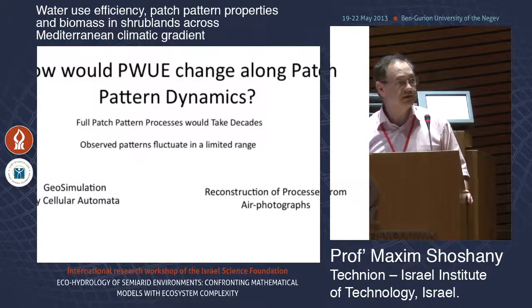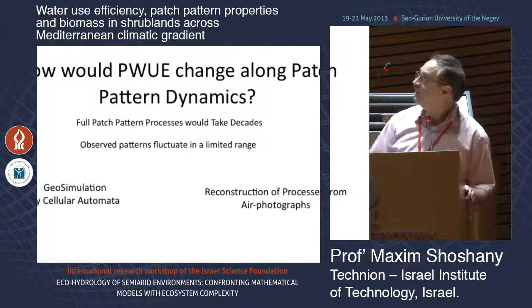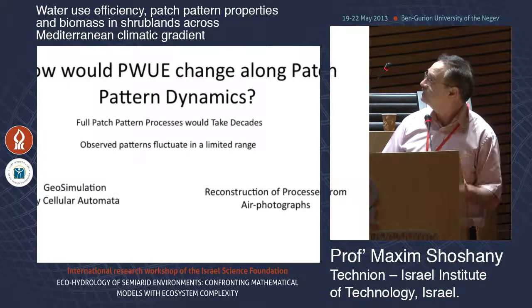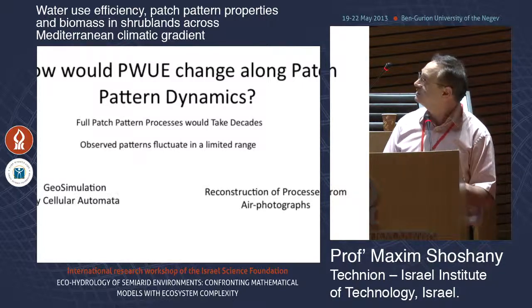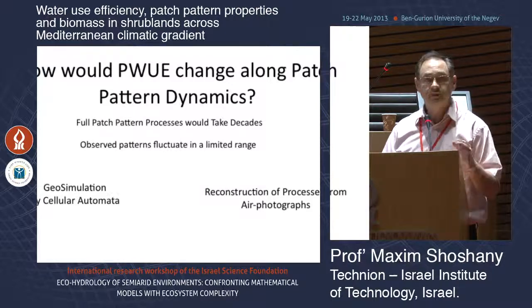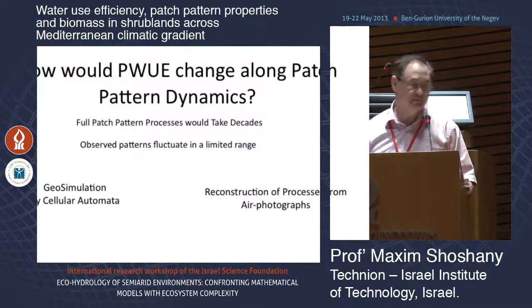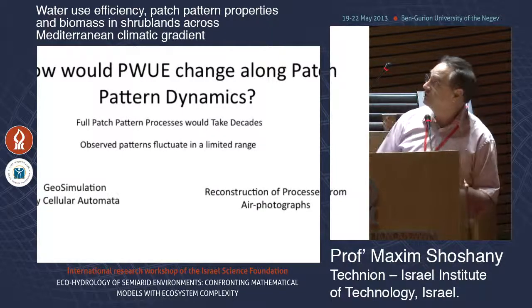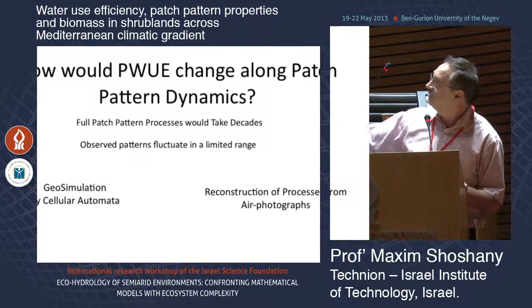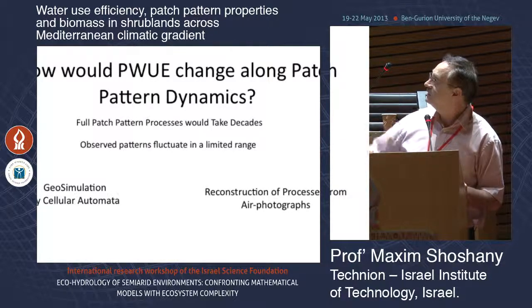The shrublands biomass would be an expression relating to the pattern water use efficiency, the intrinsic water use efficiency, multiplied by the mean annual precipitation. So that's a very simple way to look at the productivity.